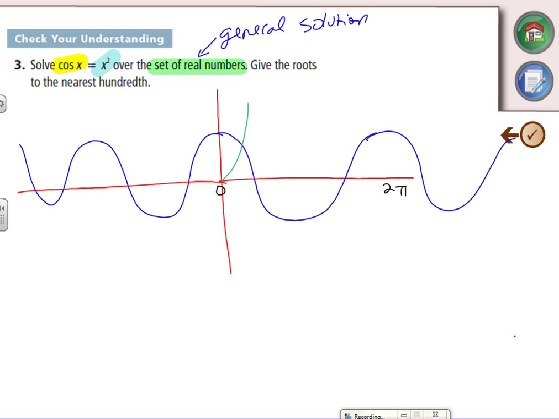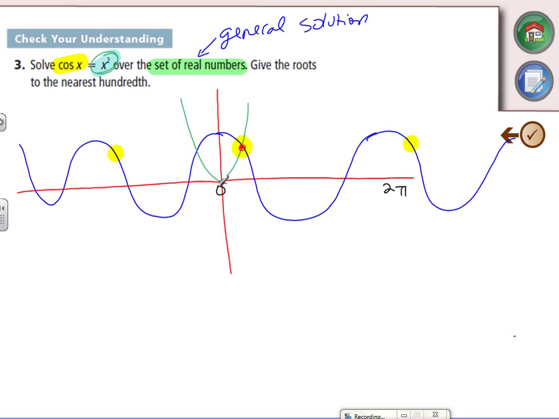This is our first positive solution, but it's not going to happen again one period later. It's not going to happen again one period back. It's only going to happen there. And then we have another solution that's going to happen there. They're never going to intersect again.